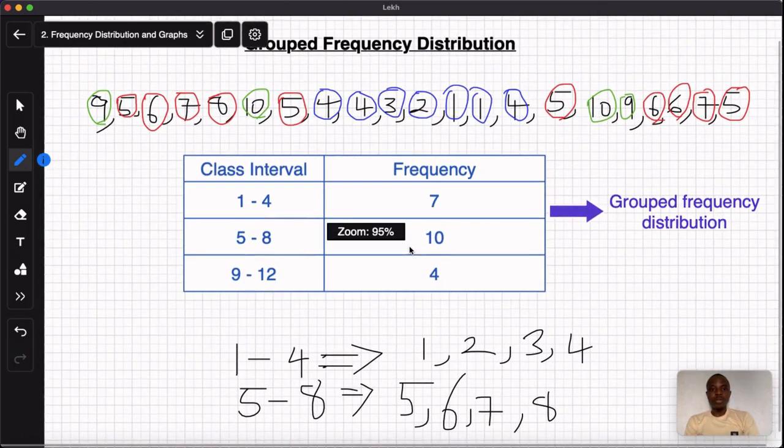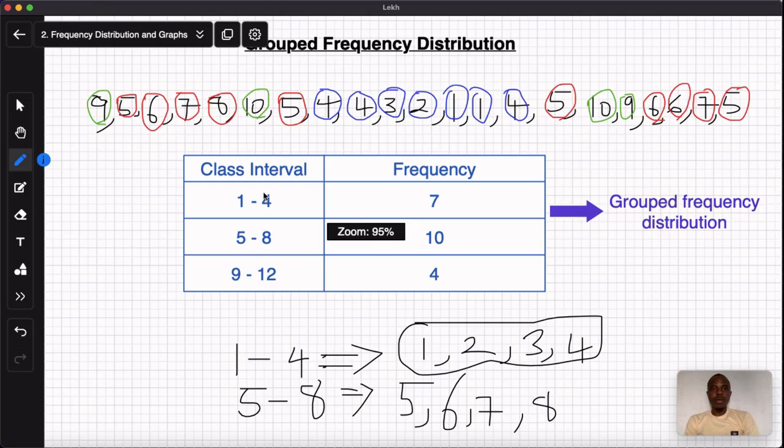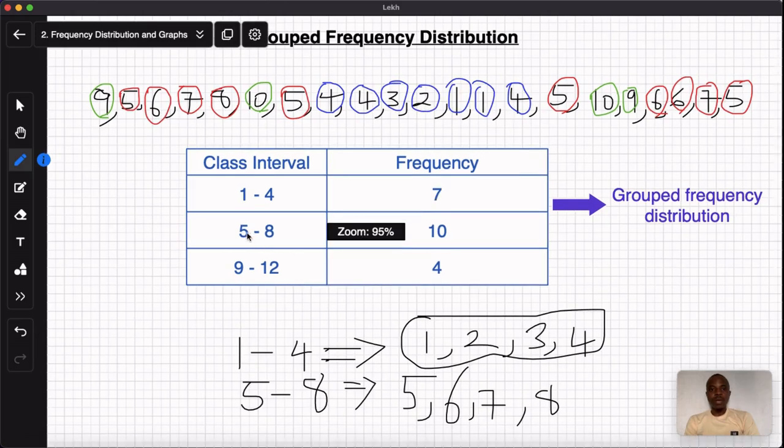And 9 to 12 follow suit. Now when we count all the numbers that fall among 1 to 4, there are 7 in number. Look at the numbers circled with a blue marker: 1, 2, 3, 4, 5, 6, 7. So they are 7 in number. And 5 to 8 are circled with a red marker.